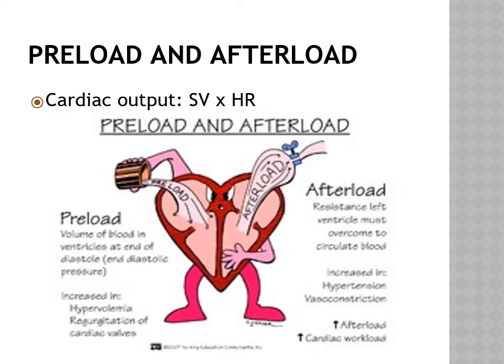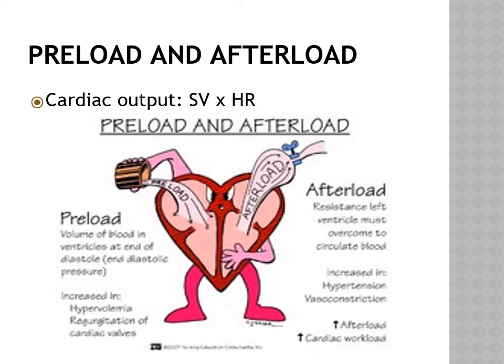So this is a pretty good little diagram or cartoon here that shows the difference between preload and afterload. So cardiac output is the stroke volume times the heart rate. And essentially what we learned from cardiac output is how much blood is being distributed to the peripheral tissues.